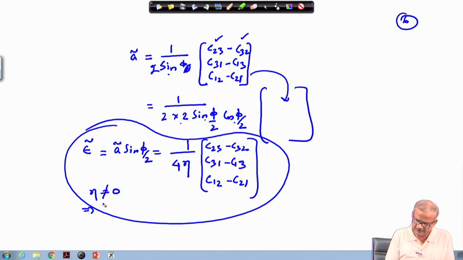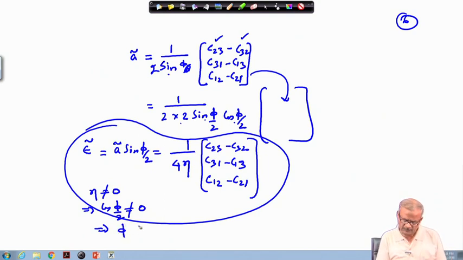This implies that cos phi by 2 should not be equal to 0, which implies that phi should not be equal to pi. Otherwise phi by 2 will be pi by 2, and therefore the cos will vanish. So, this should not happen.